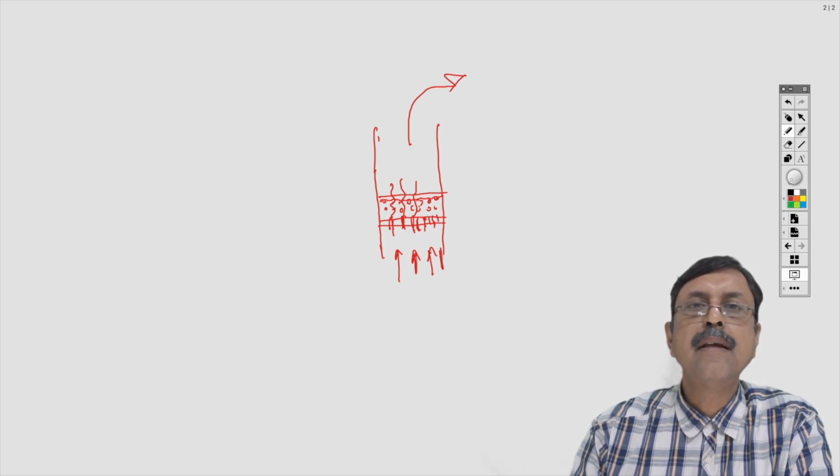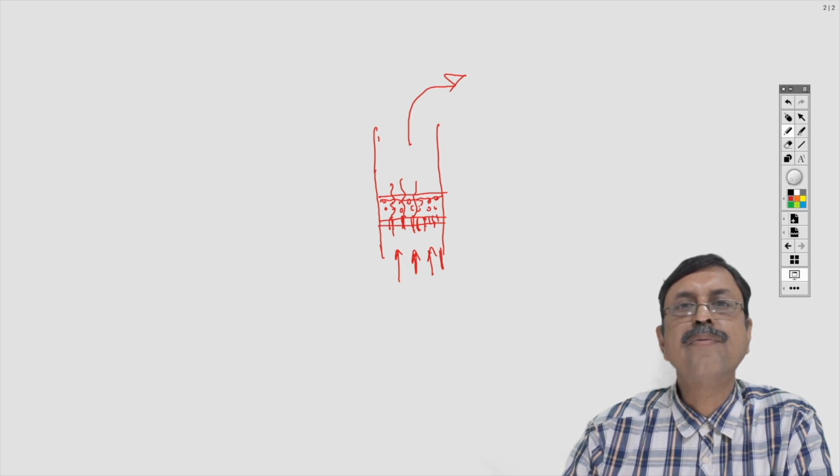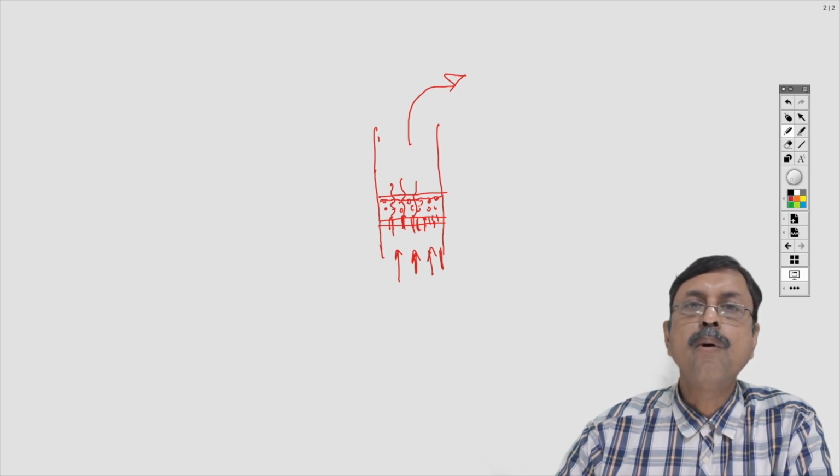In other words, the upper portion of the bed will start floating on the gas. As you increase the flow rate of the gas, more and more portion of the bed will expand and it will float on the gas.